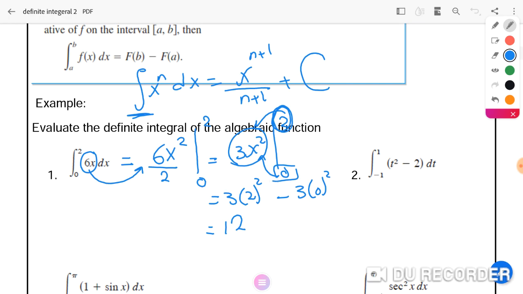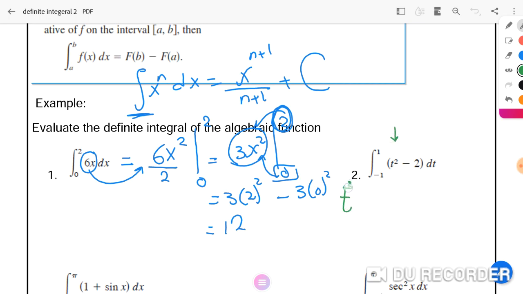Let's solve the next problem. Look here, how to find this one. Some of you can find the antiderivative at the right of your copybook to be ready. Here, what is the antiderivative? It will be t to power 3 over 3, applying the power rule of integration.